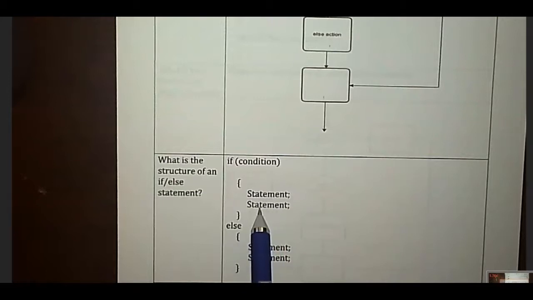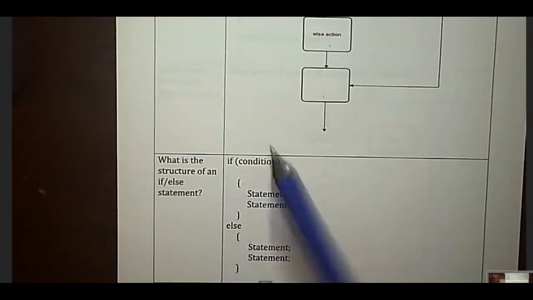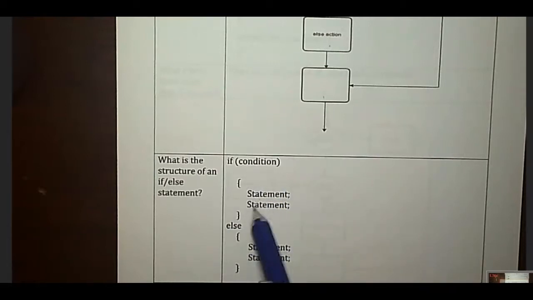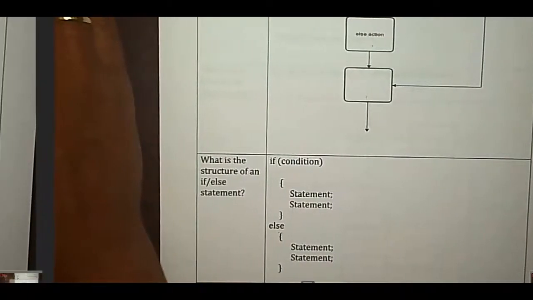Okay? If the condition is false, it skips this true body, and it drops down to the else, and it executes the else statements. And then flow returns to a sequential manner.